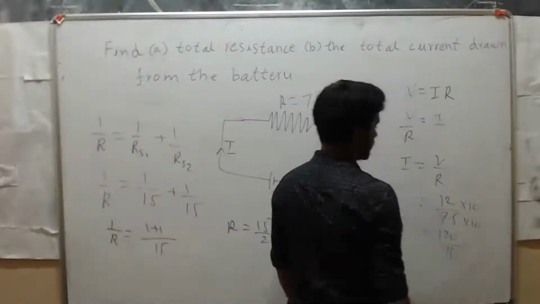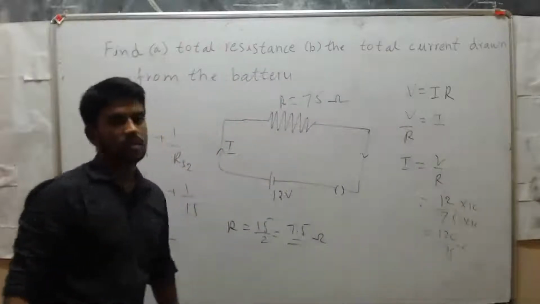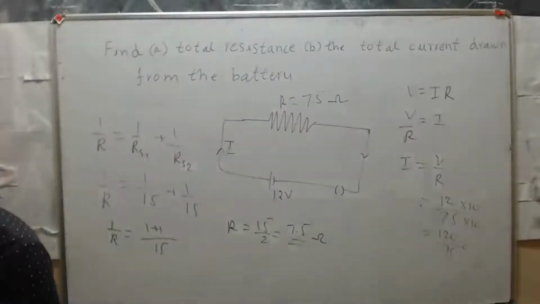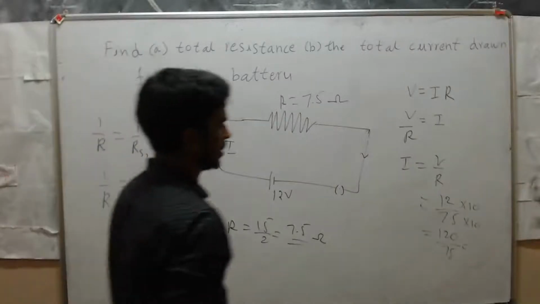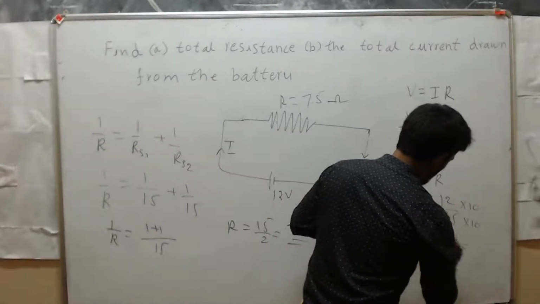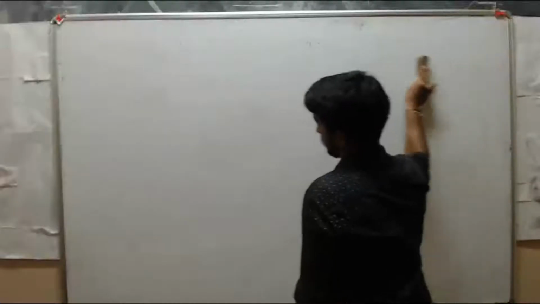So what is the answer? Here you will get 1.6 ampere. So current I is equal to 1.6.